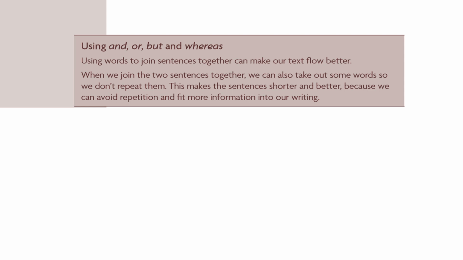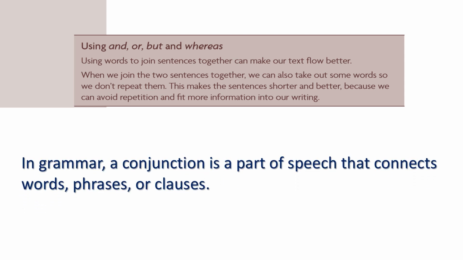Using and, or, but, and whereas. What do you know about and, or, but, etc.? They are called conjunctions. In grammar, a conjunction is a part of speech that connects words, phrases, or clauses.